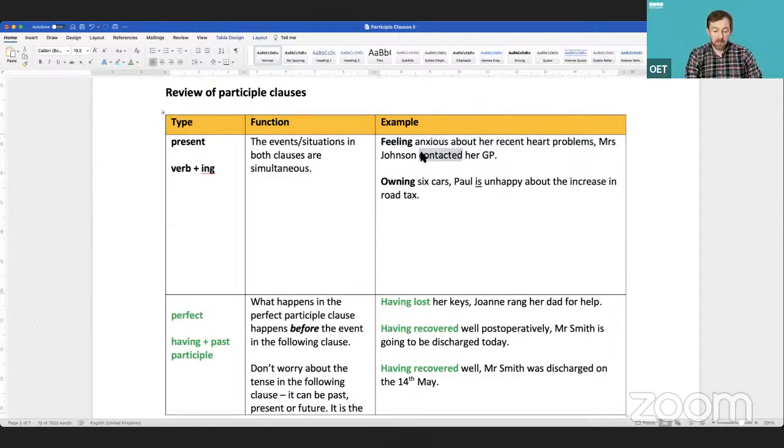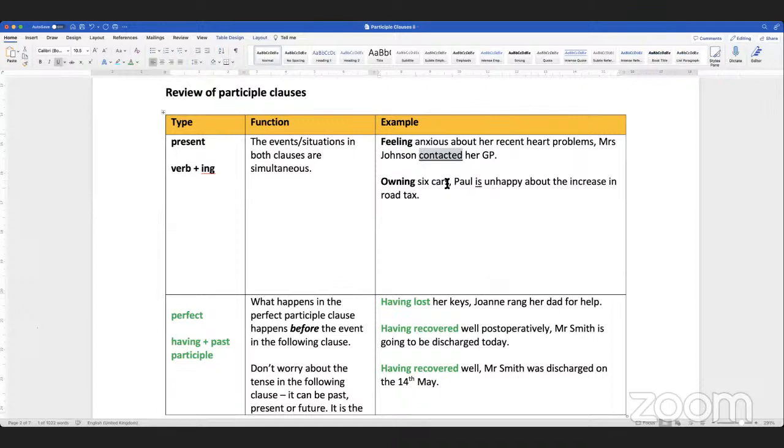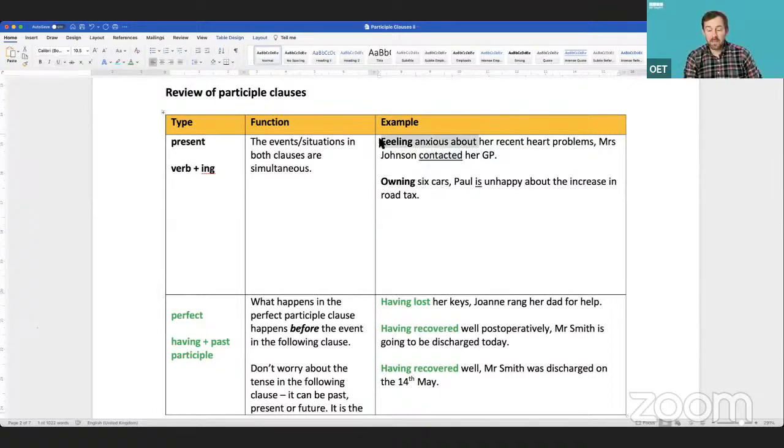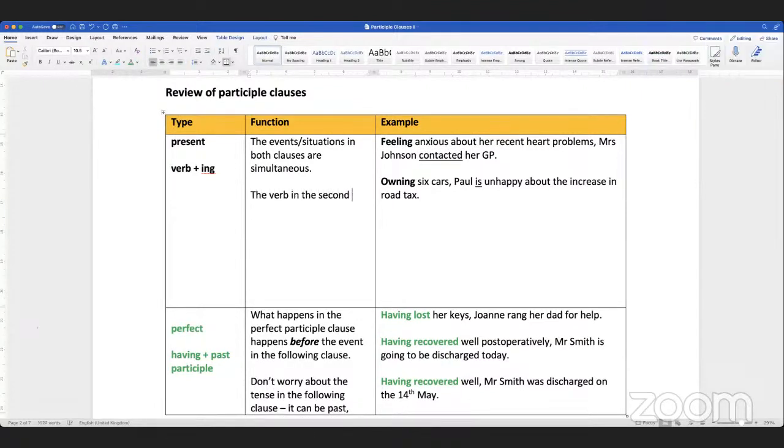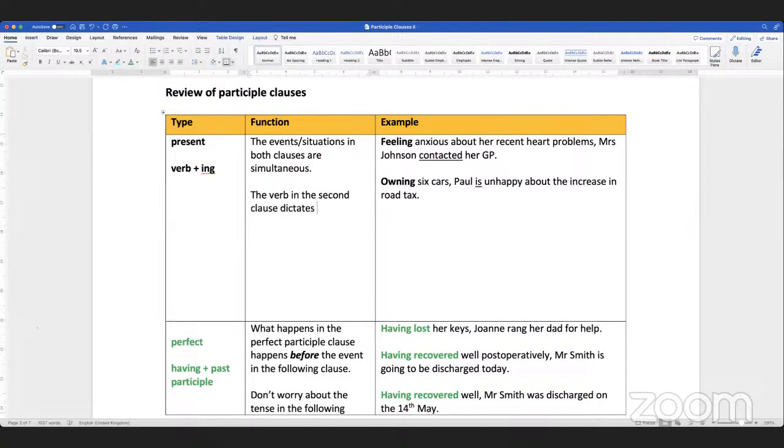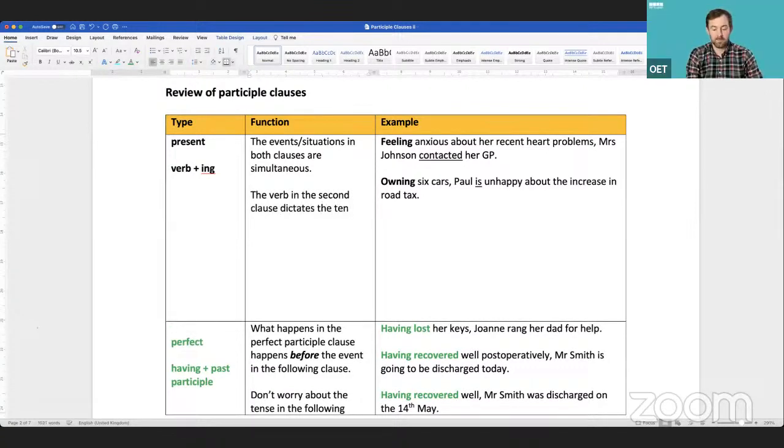That's the only verb, isn't it? We don't have a verb in the first clause. We've only got the participle, this present participle. The verb in the second clause dictates the tense.